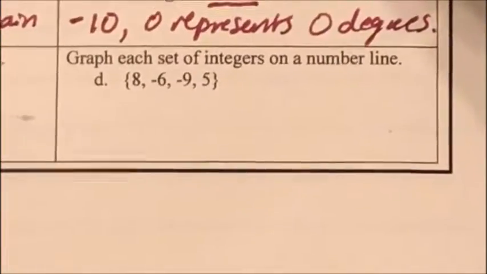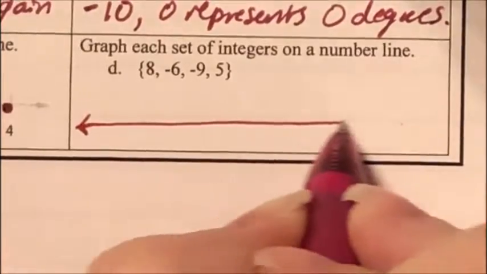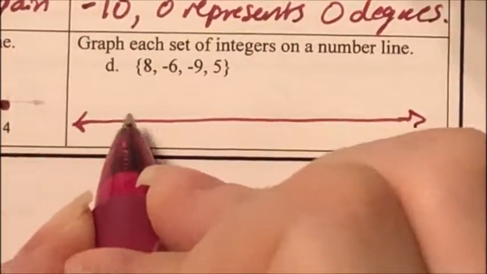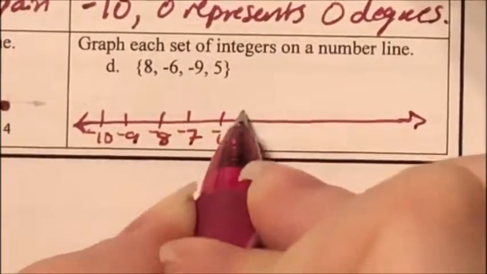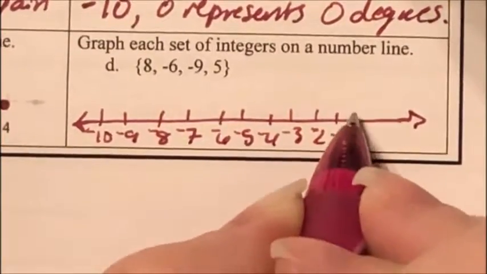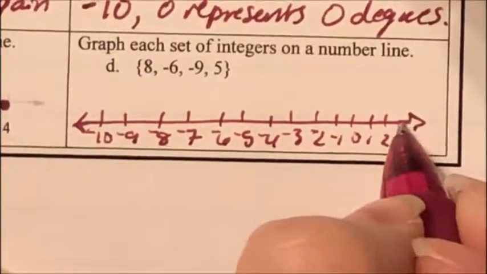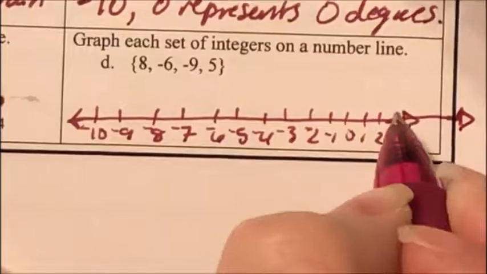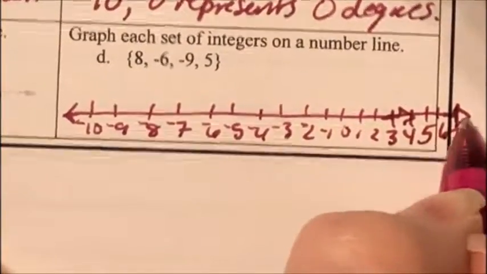For letter D, it says graph each set of the numbers on the number line. So I'm going to go ahead and draw my number line. Okay, so here's my number line.